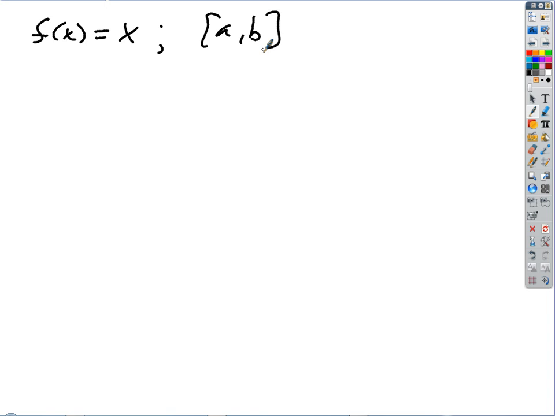So for now, we have to set this up as a Riemann sum. What's that area going to look like? Area equals the limit of what?